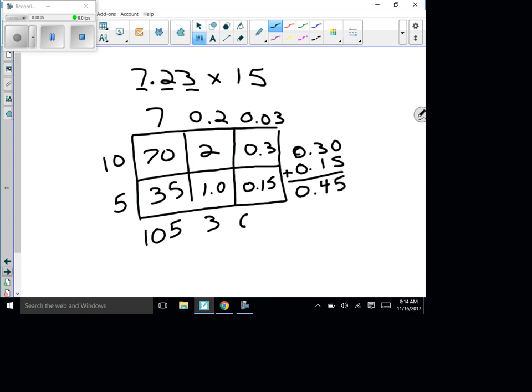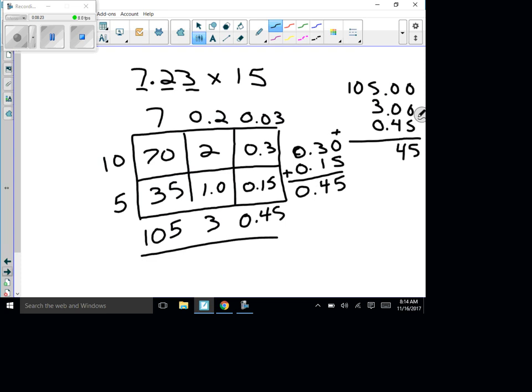So it's 0.45. Now I'm going to take all these 3 down here and add them up. 105 plus 3 plus 0.45. Now I'm going to put zeros after each of these, just so it's easier to add. 5, 4, that's 8, 0, 1.